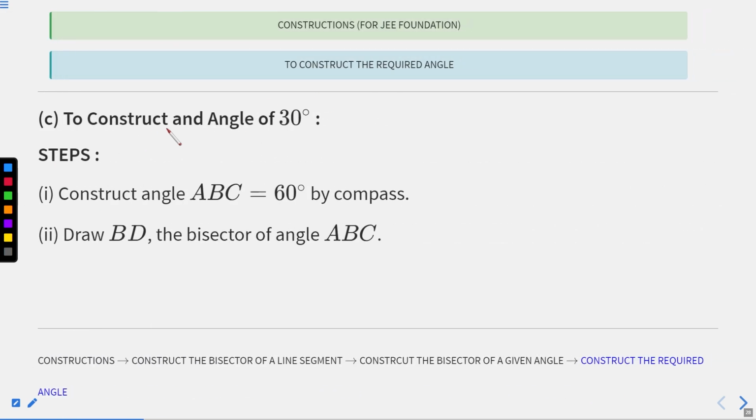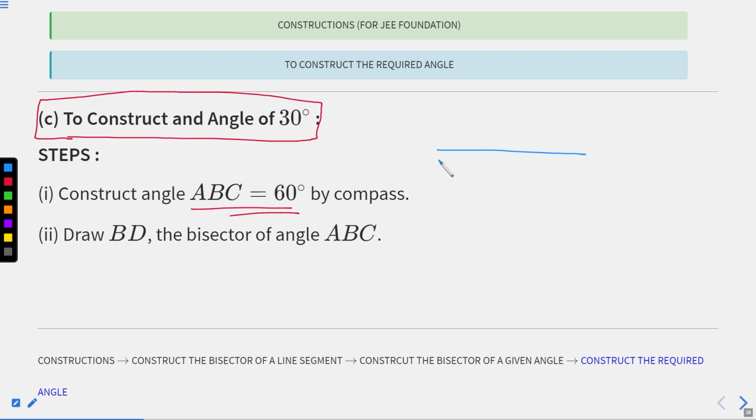Now to construct an angle of 30 degrees, first construct a 60 degree angle as in the previous example. So here is BC.